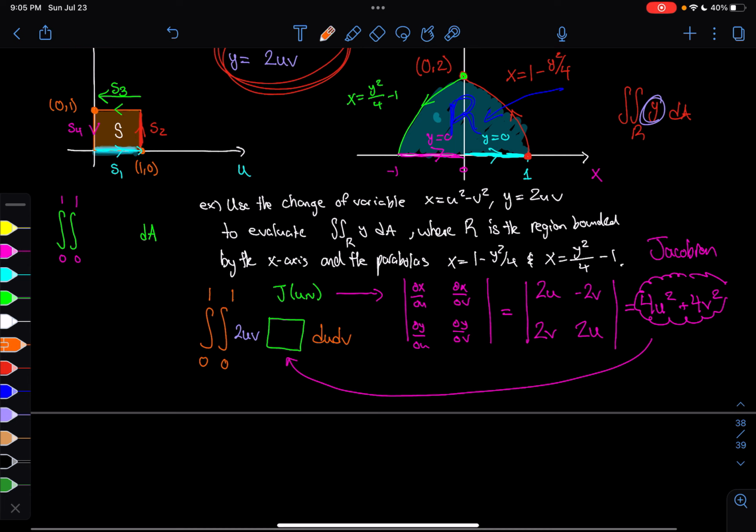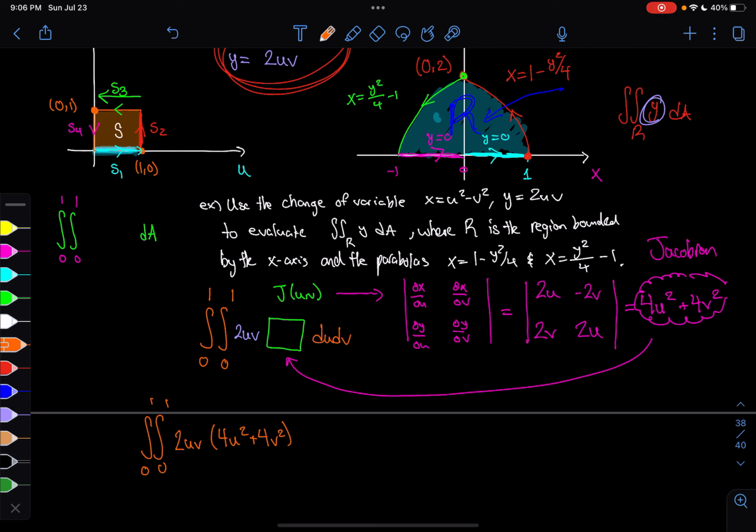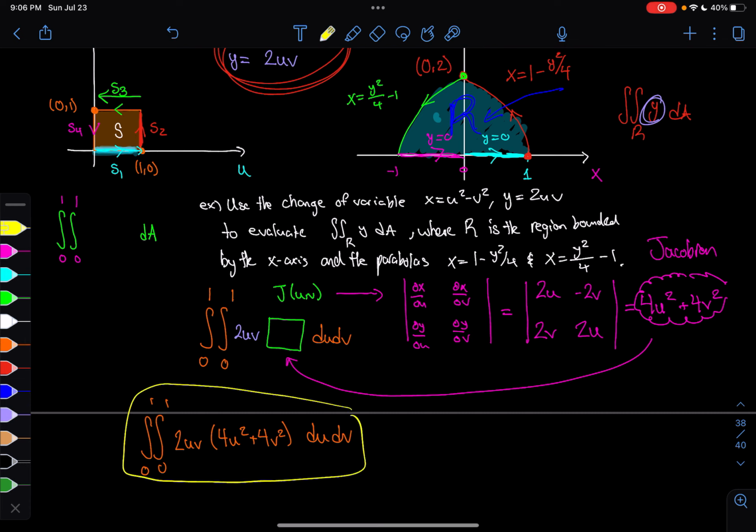So if we wanted to evaluate this double integral, 0 to 1, 0 to 1, 2uv times 4u squared plus 4v squared du dv, you might look at this and say, wow, this looks terrible, oh my gosh, but this is just a polynomial, right? The Jacobian here is just a polynomial times another polynomial. The bounds are super, super nice. They're 0 to 1. What more could you ask for in life, right?